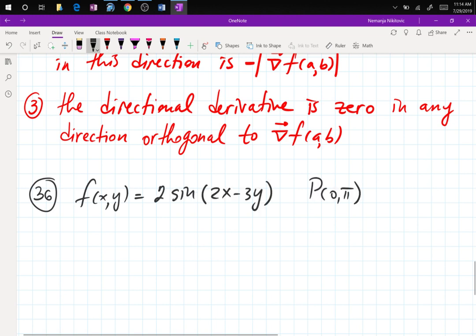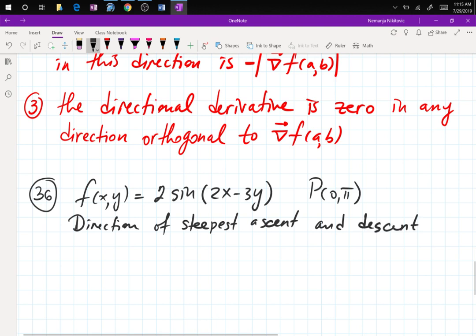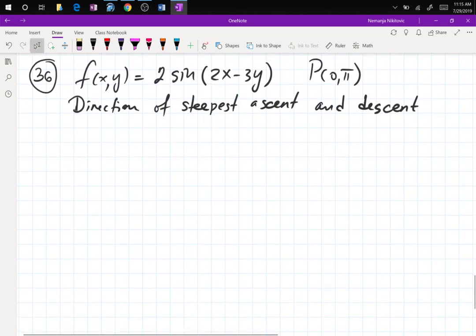We want the direction of steepest ascent and descent, i.e. the fastest way up, fastest way down.